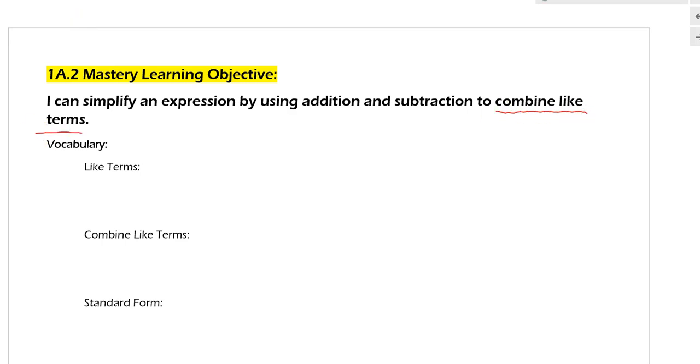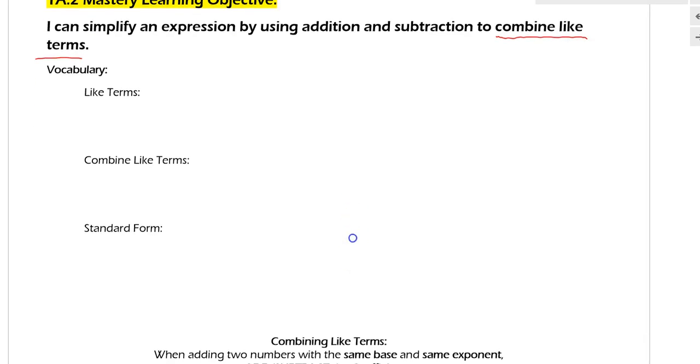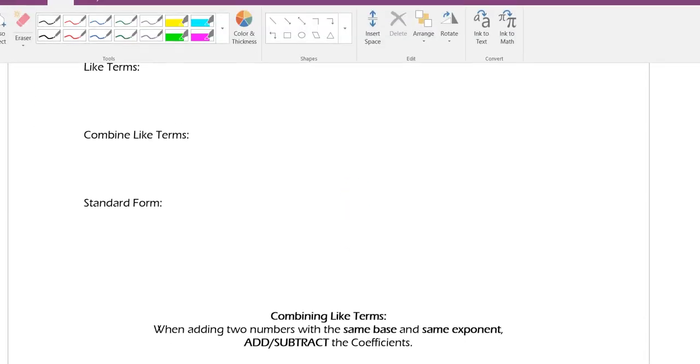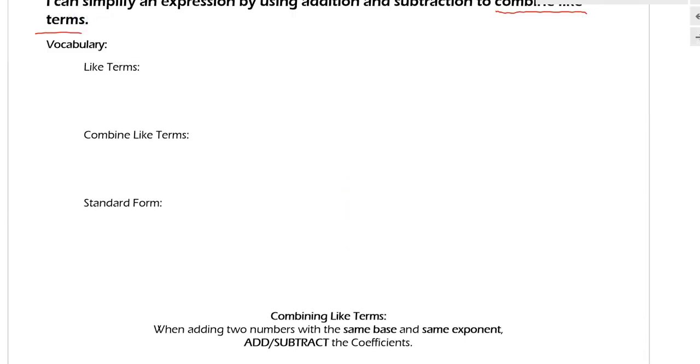But we should still know what the word terms means, right? So those things that are separated by addition and subtraction. That makes sense. So we need to know what like terms are and how to combine them. Okay? So that's the first vocab we're going to look at. What are like terms?